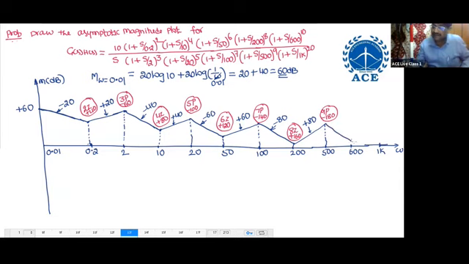Next at 600, what are there? 10 zeros. 10 zeros means plus 200. This is minus 100, so plus 200 means plus 100.